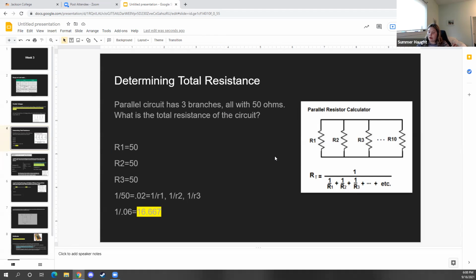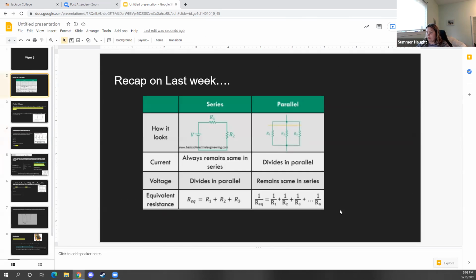In order to calculate the total resistance, you need to know the ohms, which is the unit for resistance, of all of the resistors in your circuit, because whatever one resistor is does not mean that's what your total resistance is. So in order to calculate total resistance for a parallel circuit, you're going to use this equation, which is the same thing here.